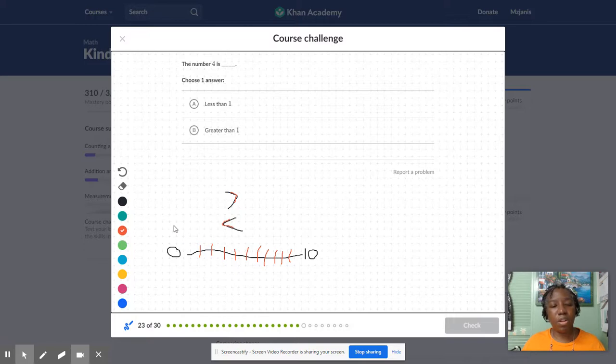Sorry, I need an eraser. Erase my line. Okay, I'll make this 11. No, I just leave it like that. Y'all know what I mean. Okay, so 1, 2, 3, 4. So this is the number 4.